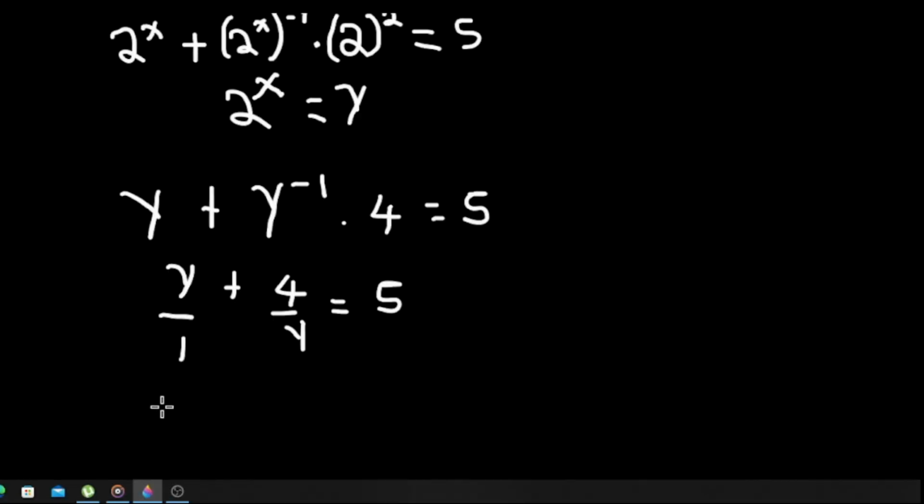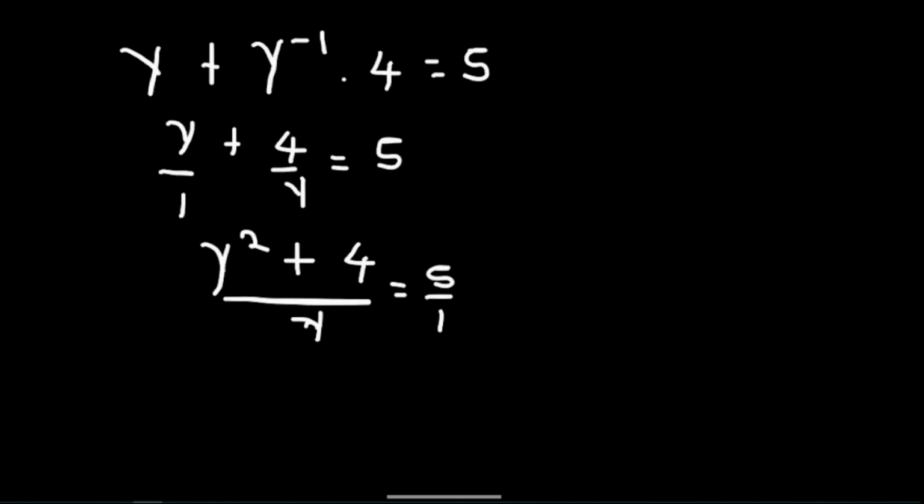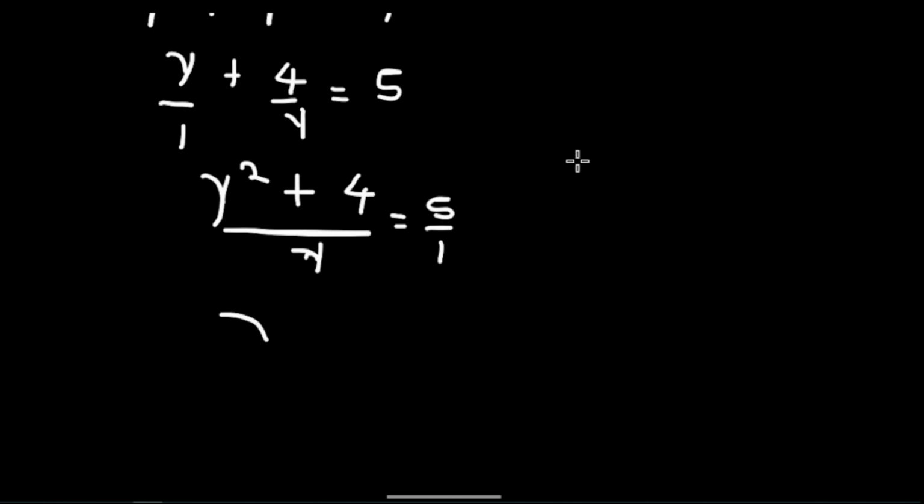So this will be y squared plus 4 over the lowest common denominator, which is y, and all this is equal to 5 over 1. Then we can simply cross multiply and have y squared plus 4 being equal to 5y.